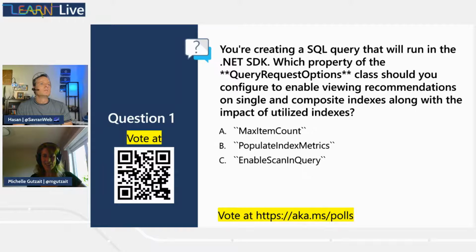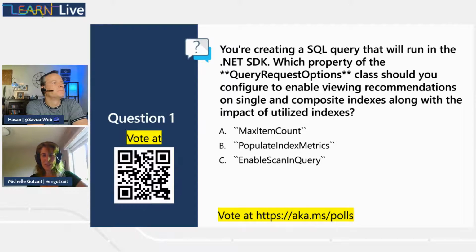Well, so right now the options are max item count, populate index metrics, and enable scan in query. I don't think it's enable scan in query. We haven't even talked about that. So I think I can easily say that that is not C for sure. What do you think? Yeah, I agree. How about max item count?